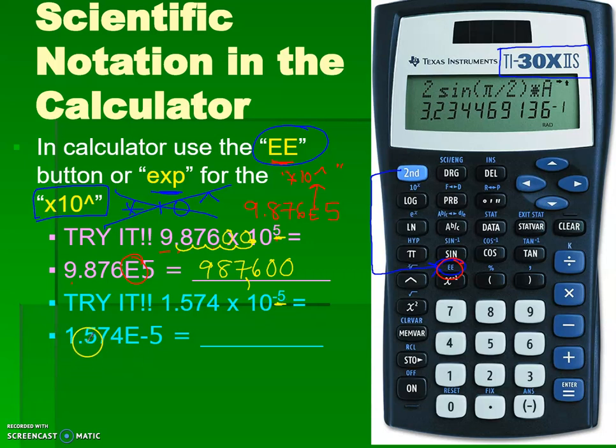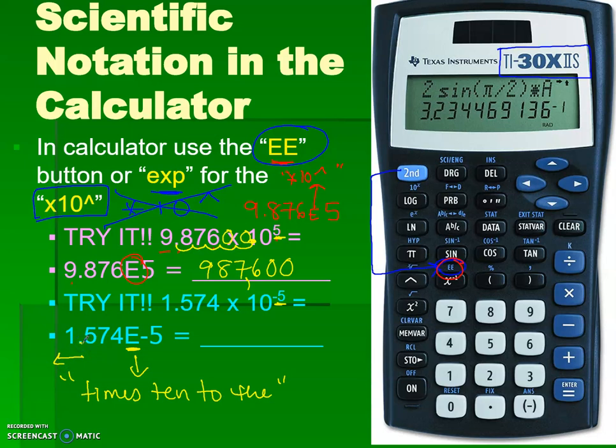All right, 1.574 E again means the words times 10 to the. If you have to whisper to yourself, do that, and then you get 10 to the negative fifth. So what that does is it moves your decimal place 5 times to the left.